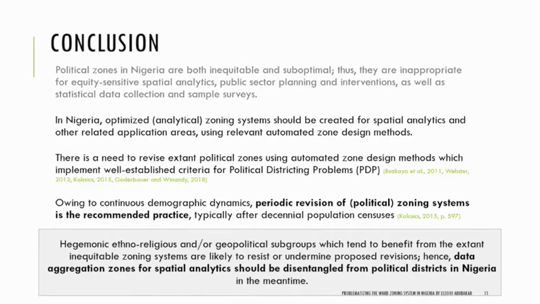So I do feel that quite a number of developed countries have, maybe even if they use political zones, for instance, those zones optimized to ensure equity. I don't know that the zones in Canada are optimized, the zones in the US are optimized every 10 years after population census, and the zones in Australia are optimized. I mean, they are revised after every five years. So I think that answers the question a bit, doesn't it? Yeah, I think it does.